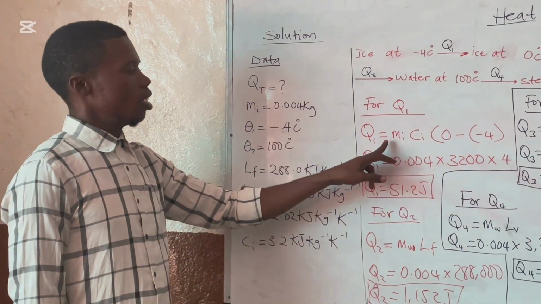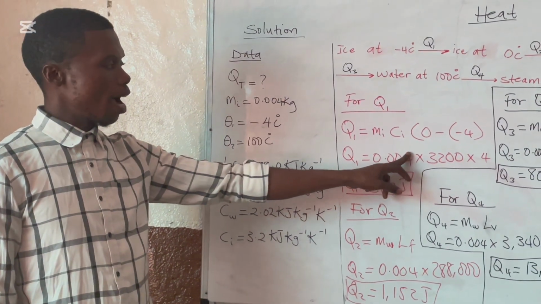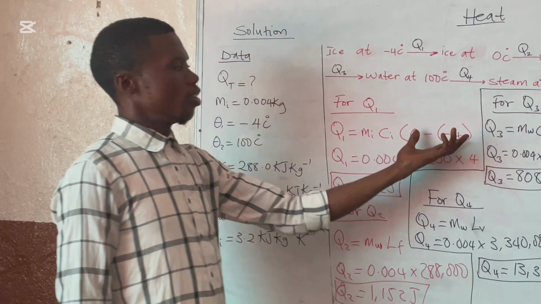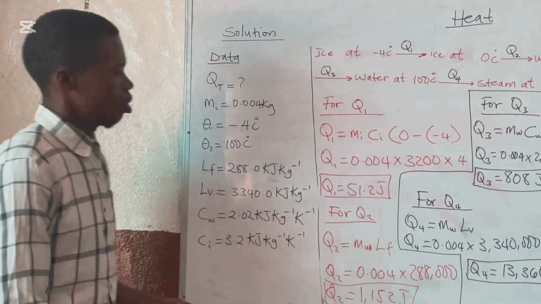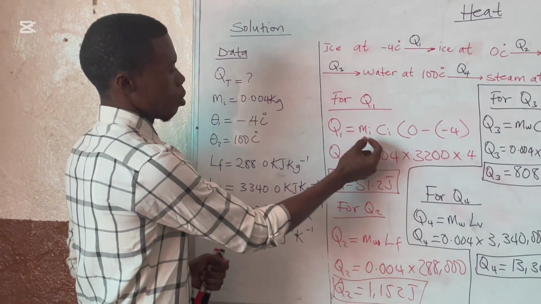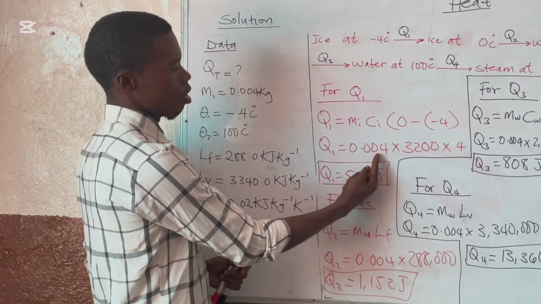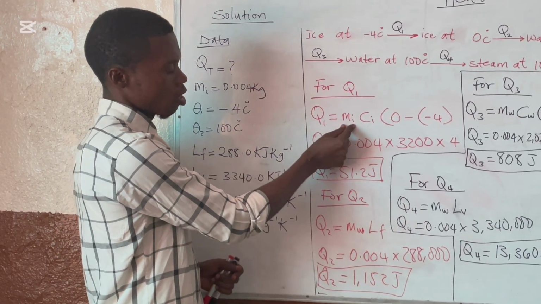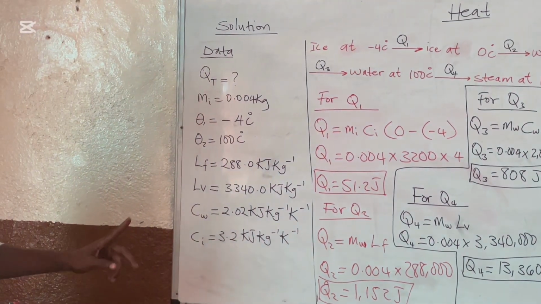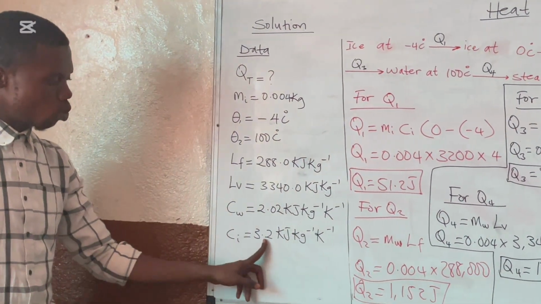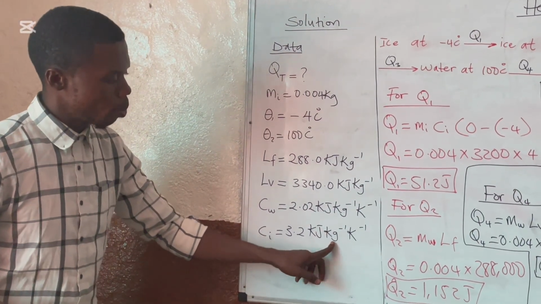Q1 equals the mass of the ice times the specific heat capacity of the ice multiplied by the difference in temperature from here to this temperature. So we plug in the values for the variables. We have 0.004, that is the mass of the ice, times the specific heat capacity of the ice, which is 3.2 kilojoules per kilogram per Kelvin.